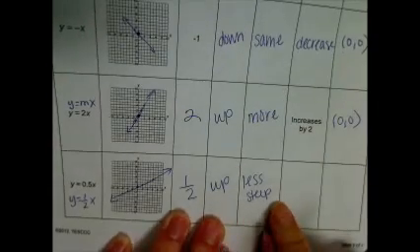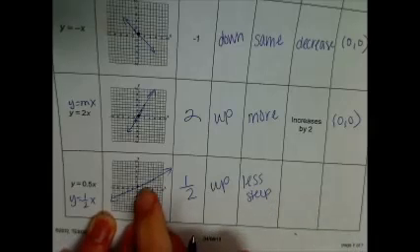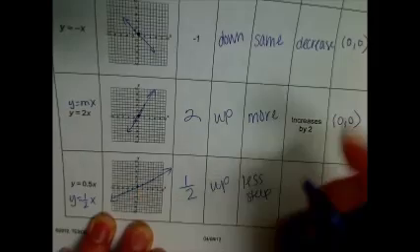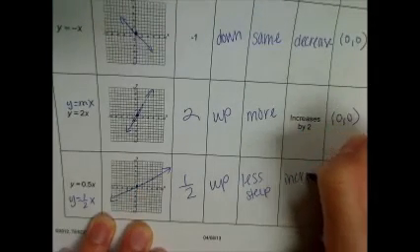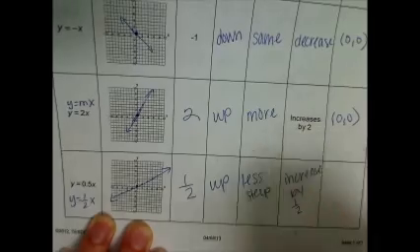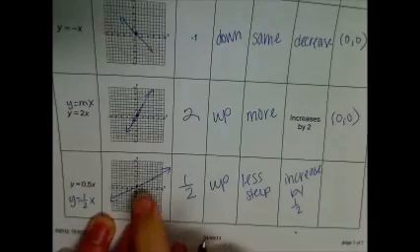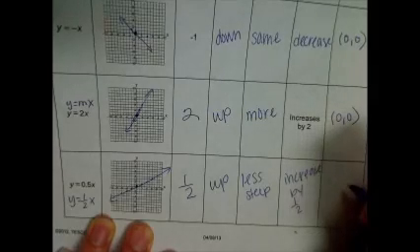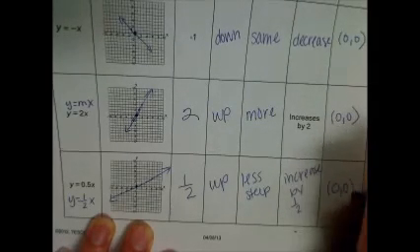As x increases by 1, your y is going to increase by 1/2. You still do not have a plus or minus b, so your y-intercept is 0, 0.